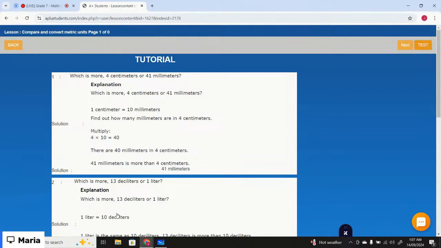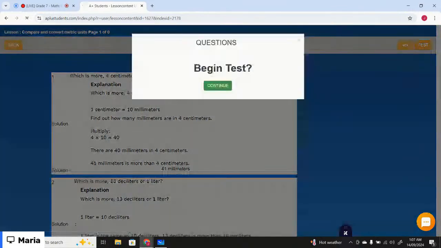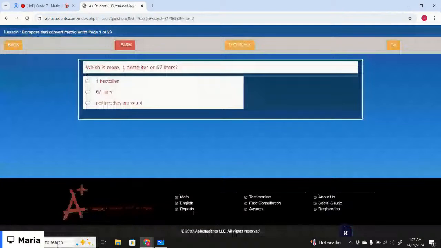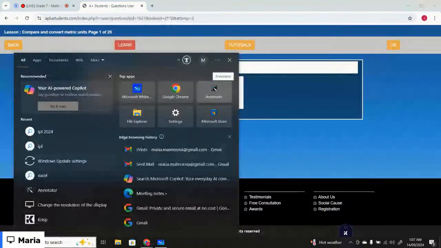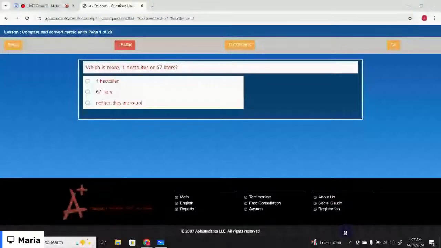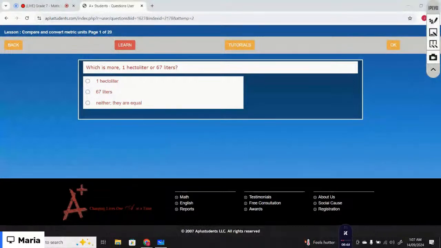Let's just start with the test questions. Which is more, 1 hectoliter or 67 liters? So you have to see which quantity is more, right? They are in two different units, so you cannot compare them until they are in the same unit.